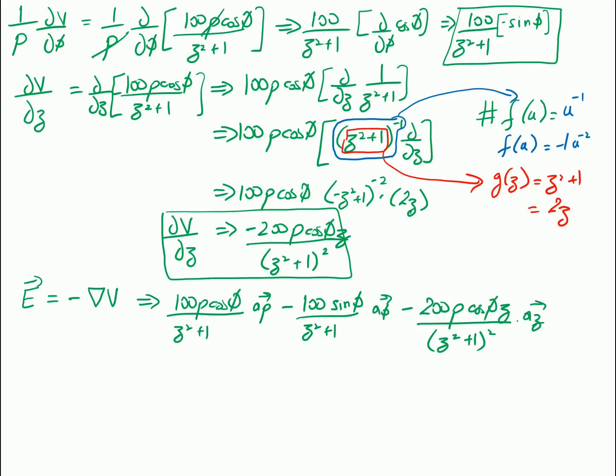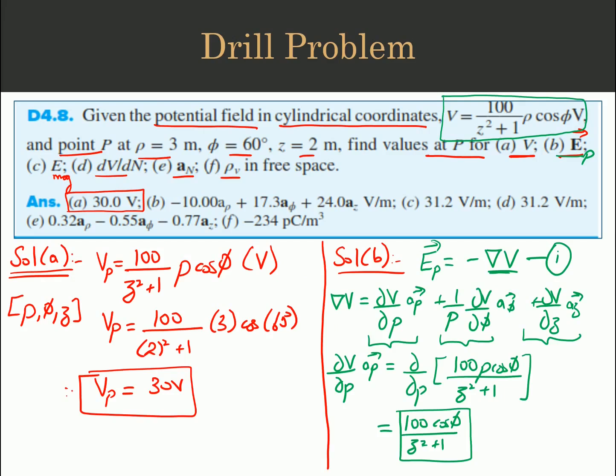Now we need to solve this at P. In order to get this at P, we just incorporate the value of P, that is basically 2 for z, 60 for phi, and 3 for rho.